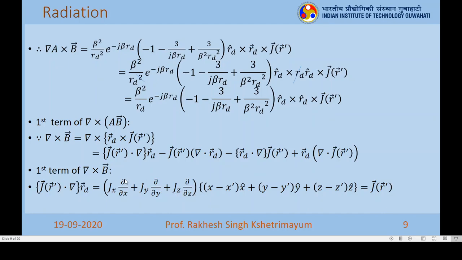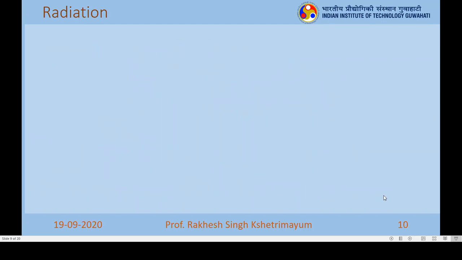Now when del by del x operates on this vector here, only this one will be dependent on the x variable, so this will be differentiated, others will become 0. When del by del y operates on this, only this term will be differentiated, all others will be 0. When del by del z operates on this, only this third term will be differentiated, other terms will become 0. Finally, what you are getting is the vector J itself.